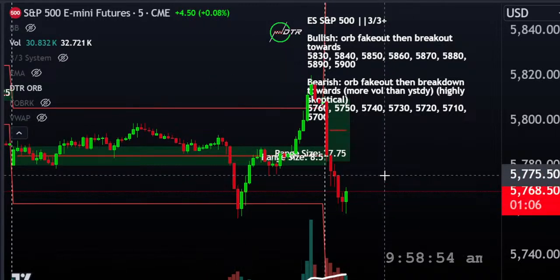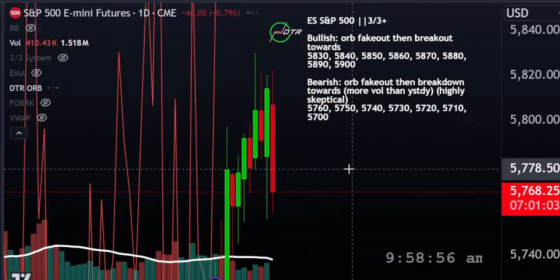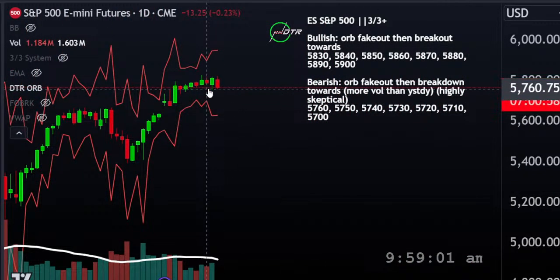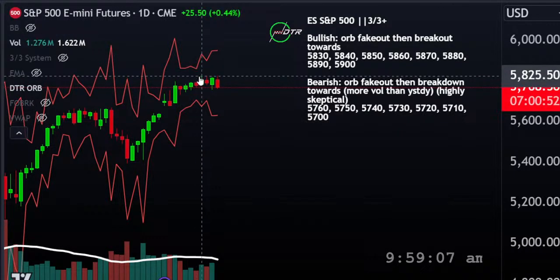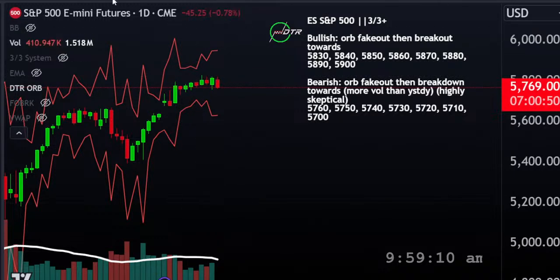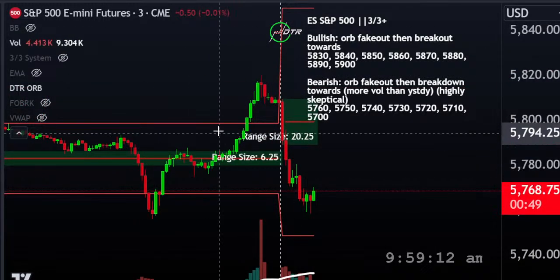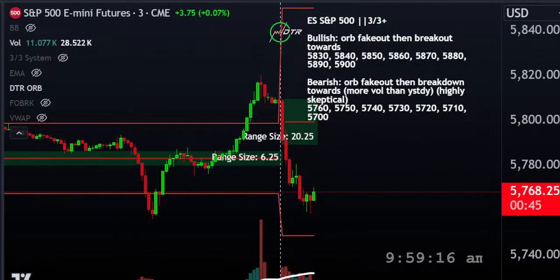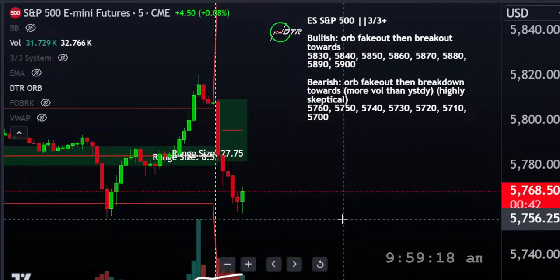So what I mean by that is we're either looking to make a breakdown under previous low of day, so a breakdown under that, say, 57, 57.50, or a breakout above that 825.50. Or we're looking to see bigger volume at the open relative to previous day's open. So previous low of day is pretty obvious. Same with previous high of day.